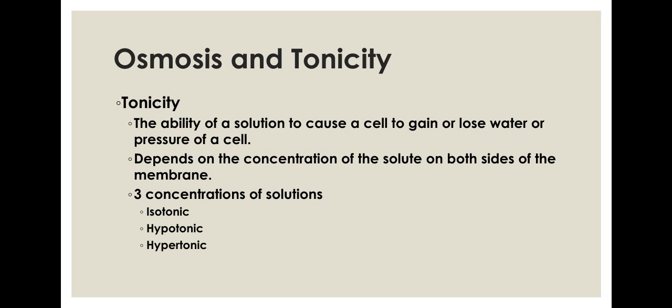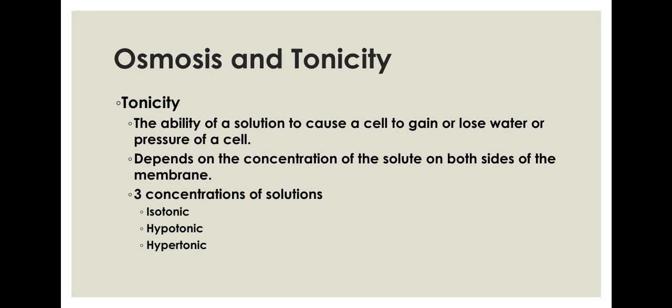When we look at osmosis, we're mostly talking about tonicity. And tonicity is the ability of a solution to cause a cell to either gain or lose water, which affects, of course, the pressure of a cell. And it's going to depend on the concentration of solutes inside and outside of the membrane.